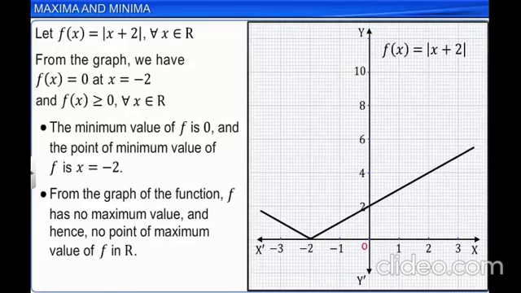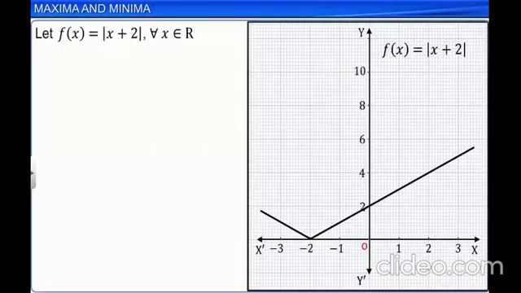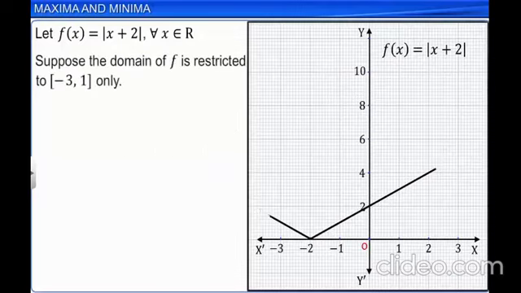However, if we restrict the domain of function f to some closed interval, then its maximum value also exists. For example, let us restrict the domain of the function f to closed interval [-3, 1].